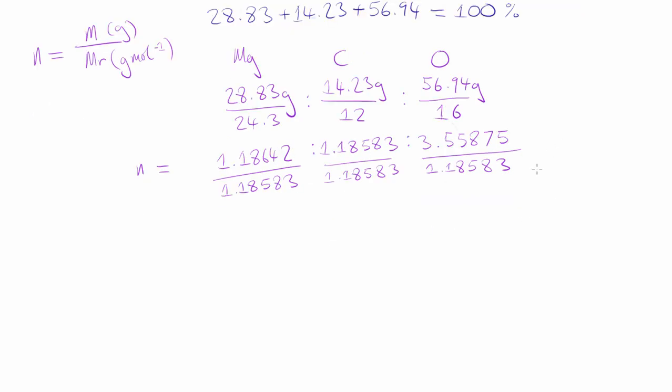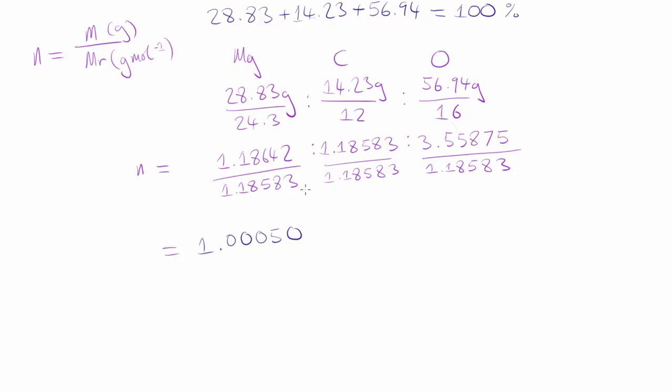I would invite you to have a go at figuring out what we get when we do all of those divisions. For magnesium, what you should get is 1.0050.